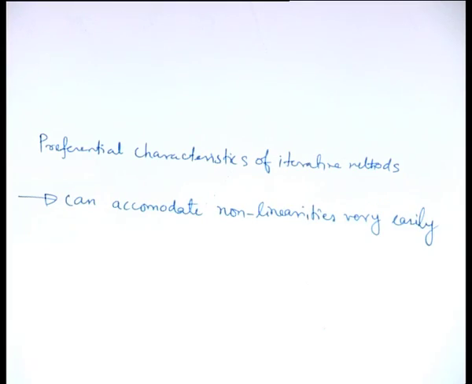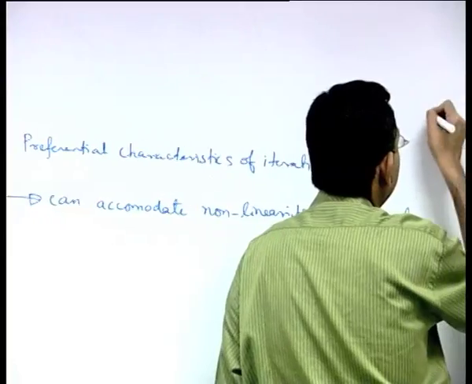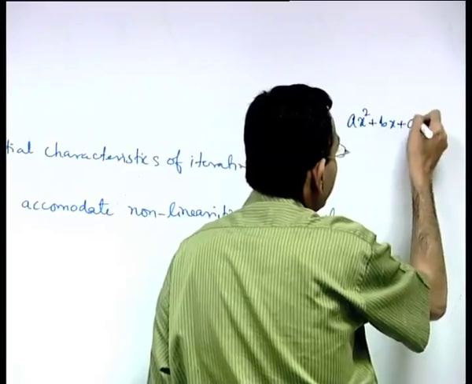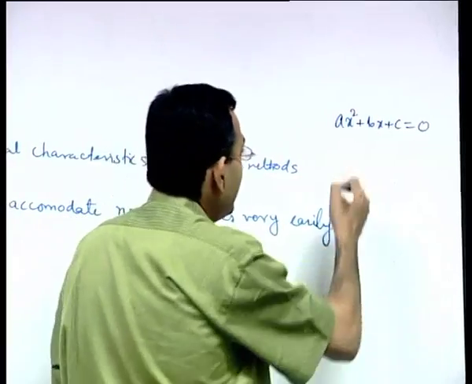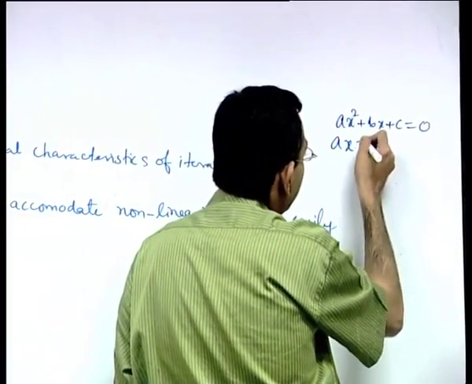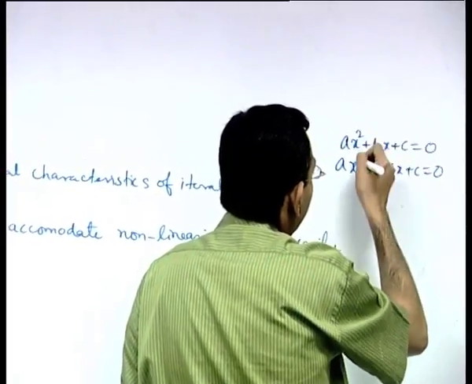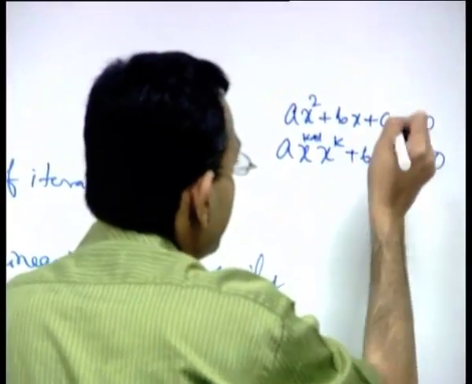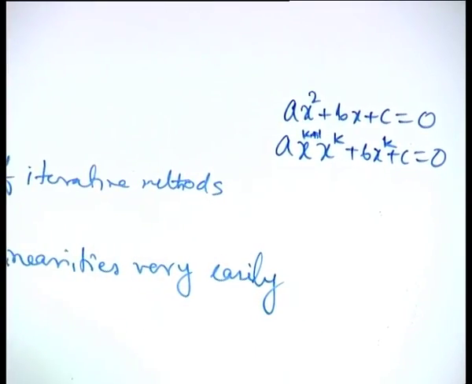Just let us take an example, it need not be an example of a differential form, just let us consider that you are interested to solve ax square plus bx plus c equal to 0. This you can write as ax into x plus bx plus c equal to 0, let us call it xk plus 1 and this x as xk, just some arbitrary iterative formula.